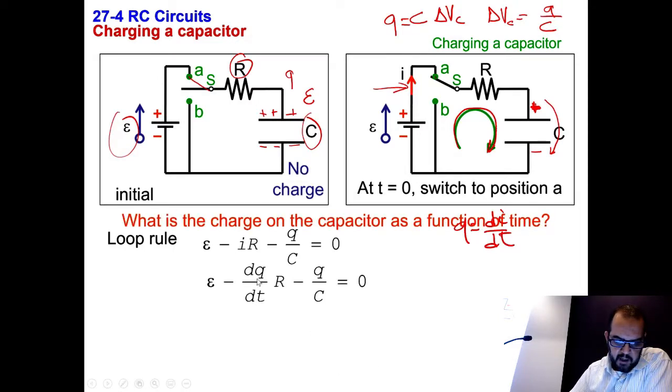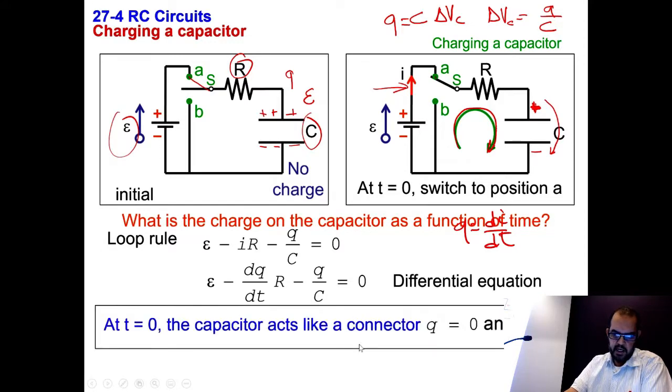We replace the current I by dQ/dt, and now we have a differential equation that we want to solve. Have you studied differential equations? You did. So this is not a difficult differential equation. The initial conditions: at t equal to 0, the capacitor has 0 charge, it was not charged initially.